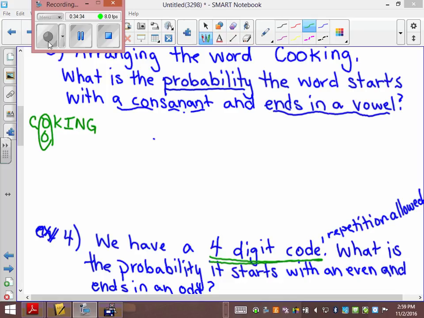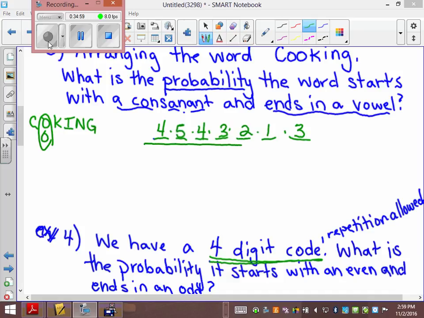So the top starts with a consonant, ends with a vowel. So we have 7 letters. So the consonants, there are 4. Then it ends with a vowel. There are 3. Then it's 5, 4, 3, 2, 1.